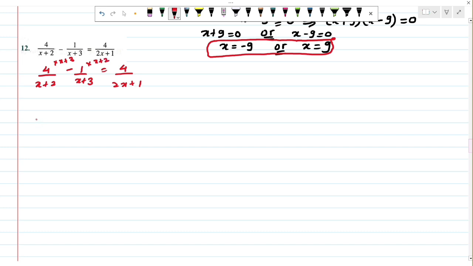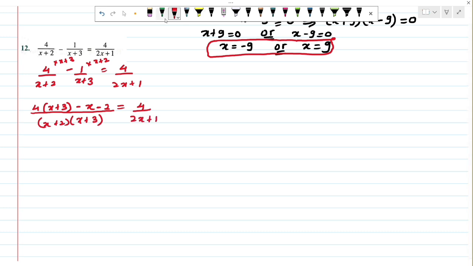Right, so now I'll write it as 4 of (x plus 3) minus (x plus 2), this becomes minus x minus 2, whole divided by (x plus 2) into (x plus 3), which is equal to 4 divided by (2x plus 1).